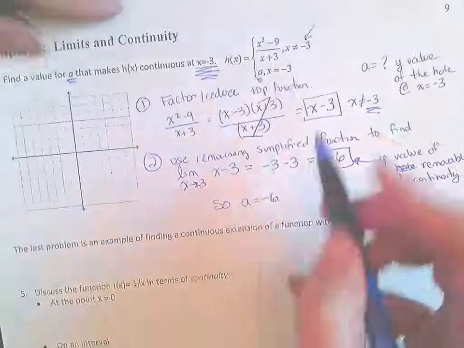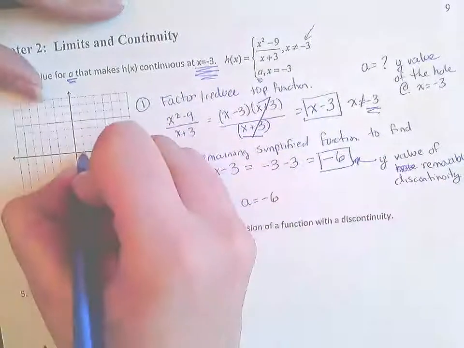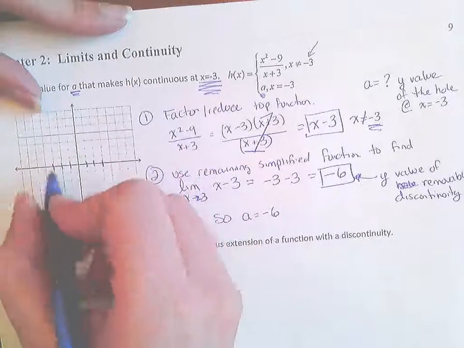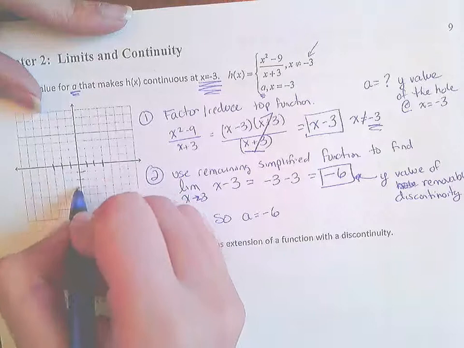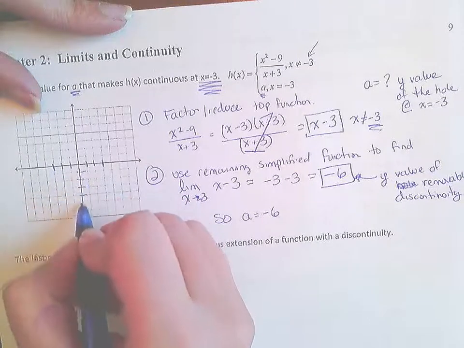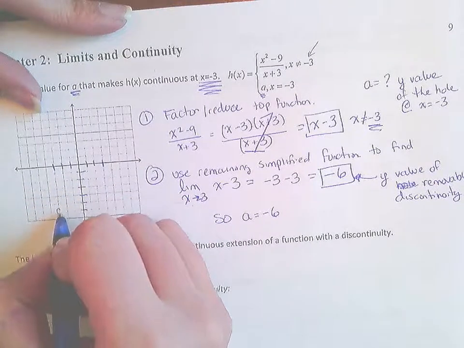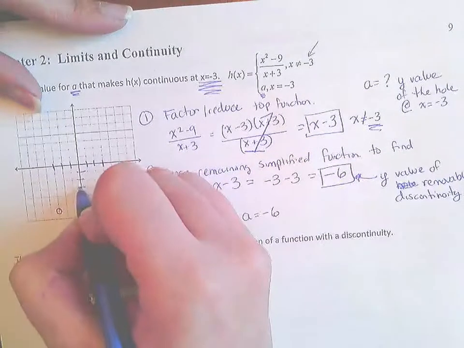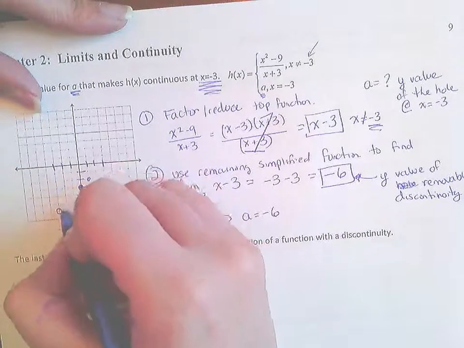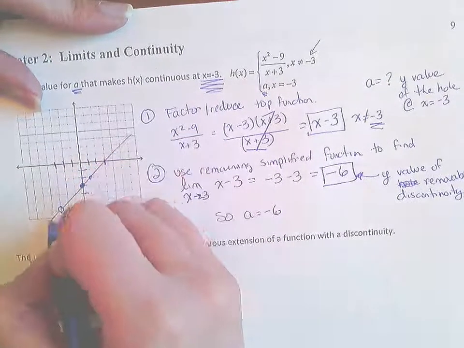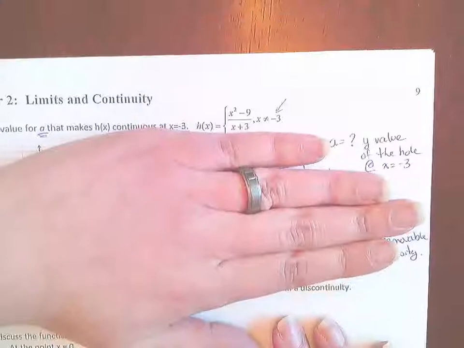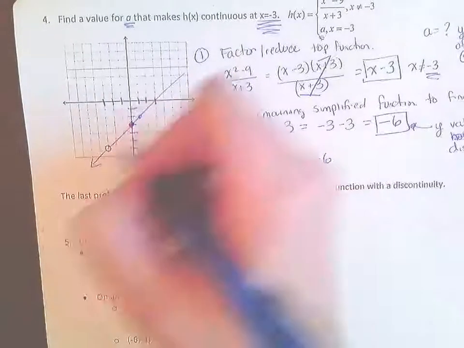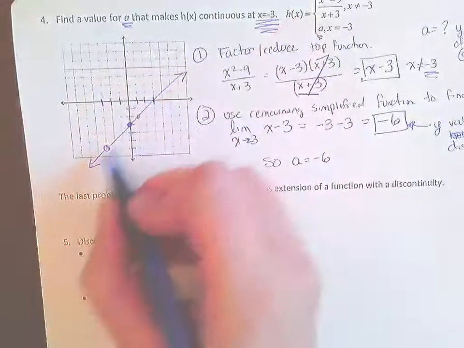So now when I graph this original function, 1, 2, 3, 1, 2, 3, at negative 3, negative 6, I would have had a hole. And then you graph negative 3, then up 1, right 1. If I was just graphing this top portion right there, this is how my function would look because it has a hole.